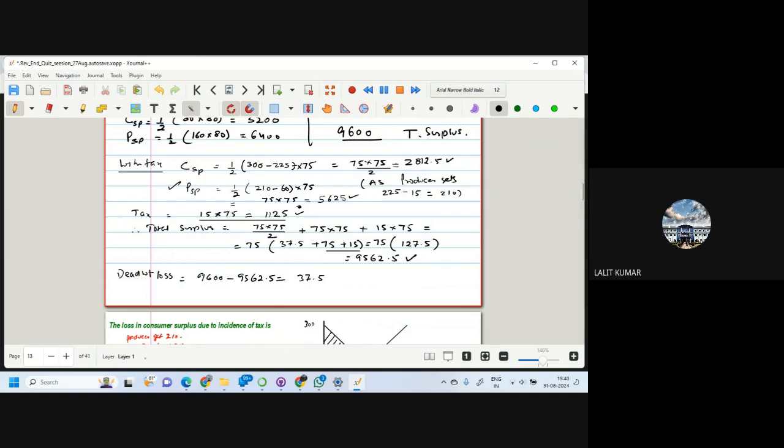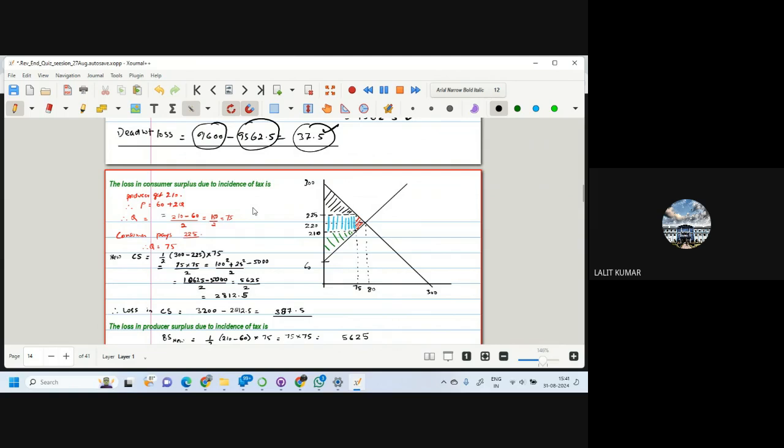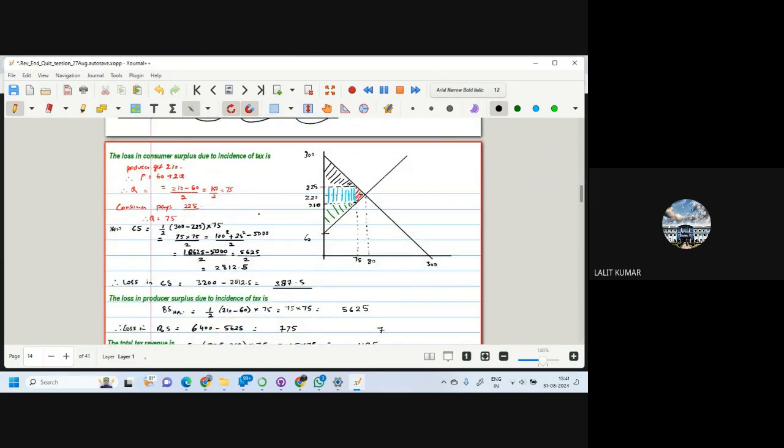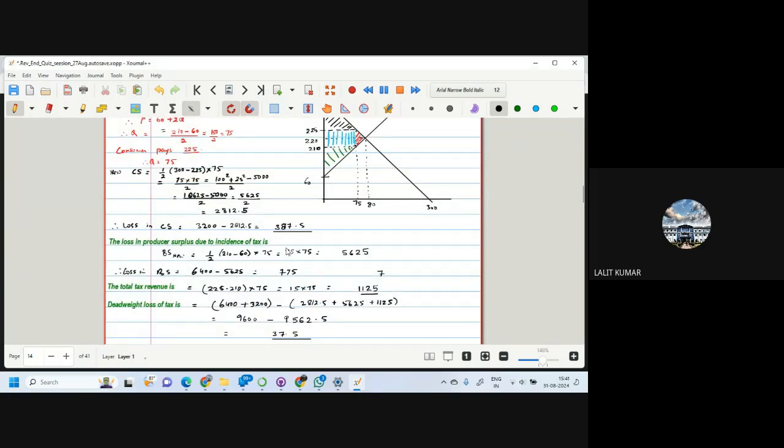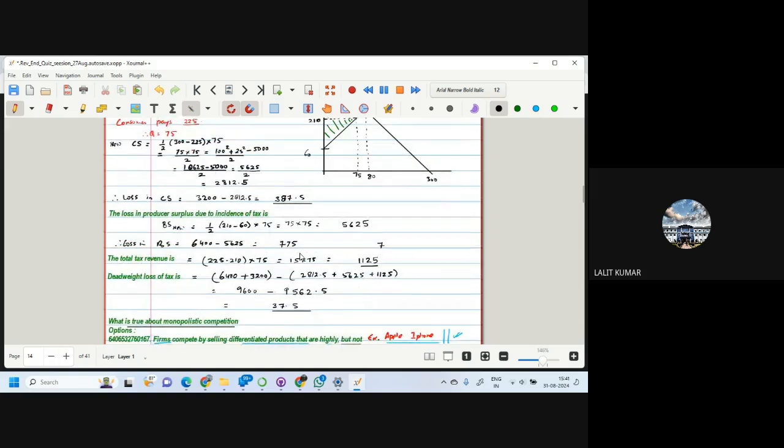So this is your total, and the deadweight loss will be the earlier total surplus minus the present surplus, which comes to 37.5. If you see this diagram, it makes everything very clear: the consumer surplus, producer surplus, this is the tax, and this is the deadweight loss. Jaidev, during that day's revision, by mistake I had written P minus 15. It should have been P plus 15. Yeah, later on I corrected it.